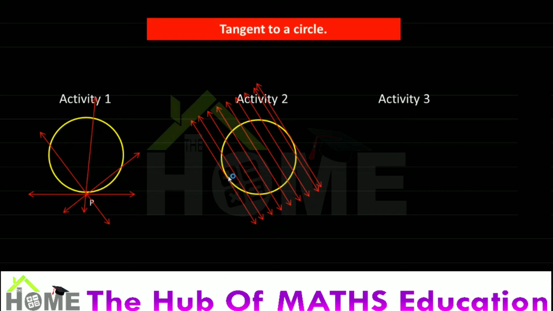It means the two points of intersection coincide. This point of intersection is called the point of contact between the tangent and the circle, and this line is called the tangent.